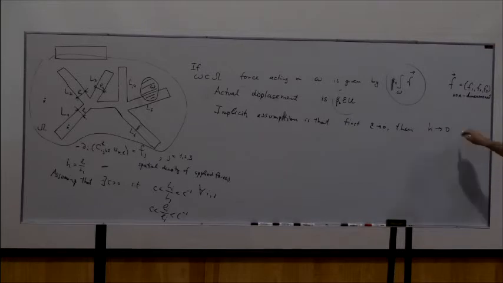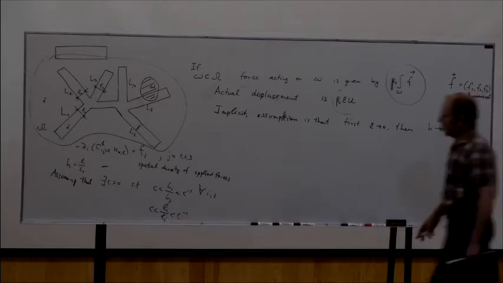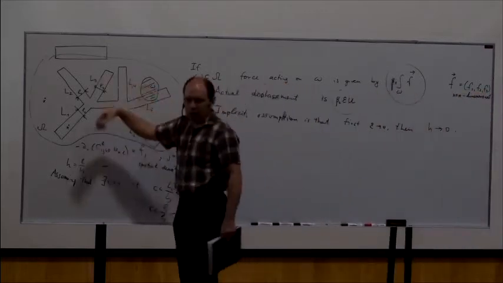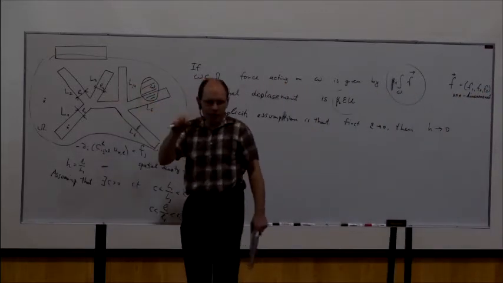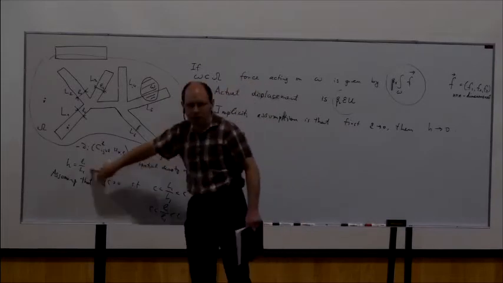So an interesting question is what happens when you reverse the order, when you pass to the limit at the same time. So you take this structure, you consider it to be thin, so h, this ratio, is small.